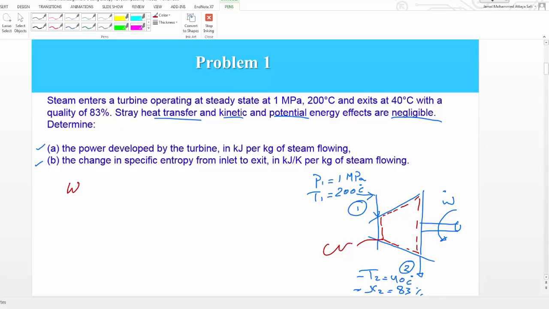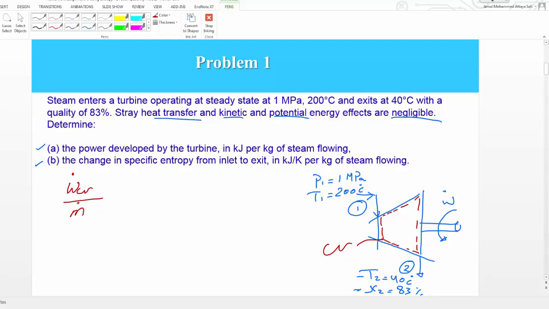And we can write first the work of the control volume, and if I do it in the rate manner, then it's actually the power, because the power is actually the rate that we are using the work or producing the work, divided by the mass flow rate, because as you can see here, I don't have any information about the mass flow rate.